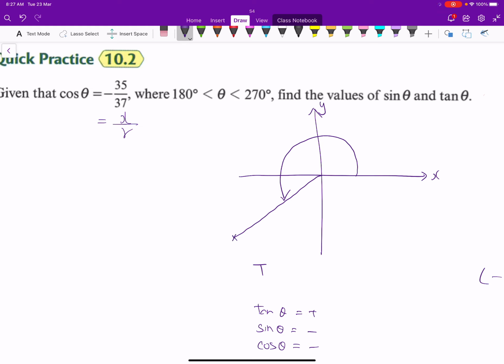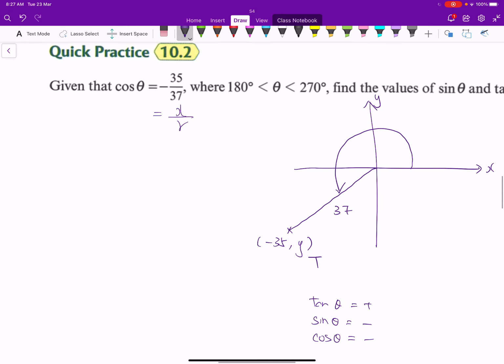And the x coordinate is negative 35. And the r is 37. Now we are going to find the y coordinate.